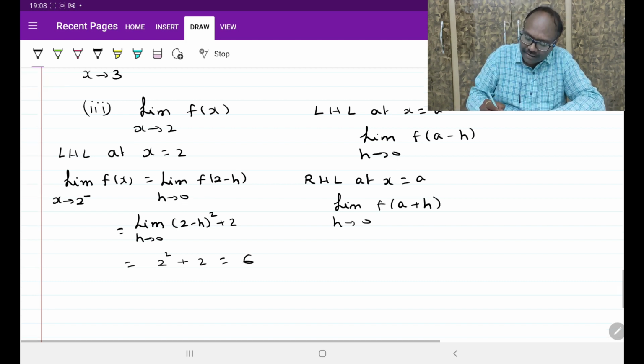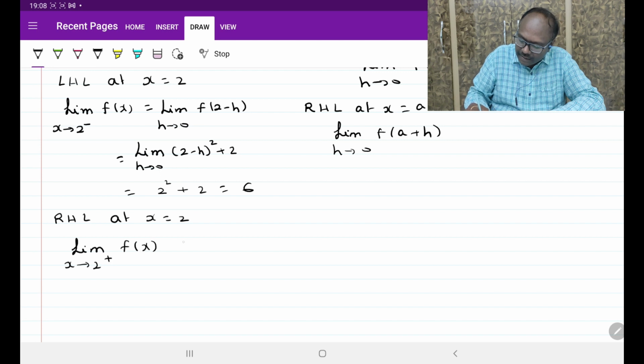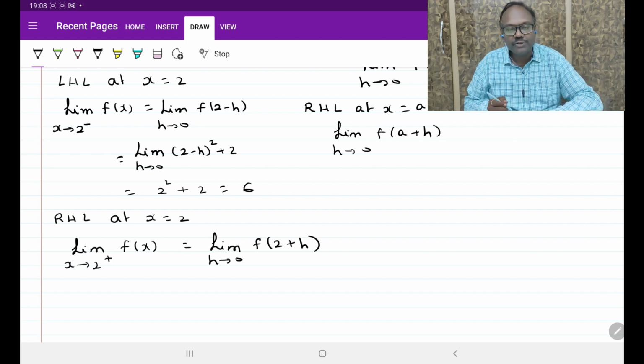Now let us find out what is the right hand limit. RHL at x equal to 2: limit x tends to 2 plus of f of x, which is equal to limit h tends to 0 of f of 2 plus h. Now when x is tending to 2 plus, that means x takes a value slightly more than 2.